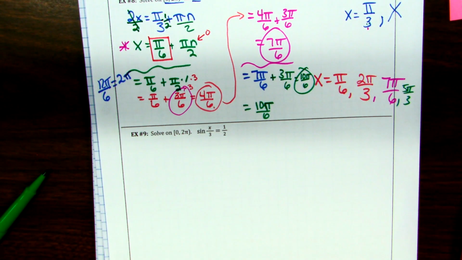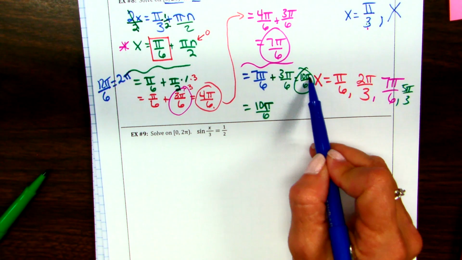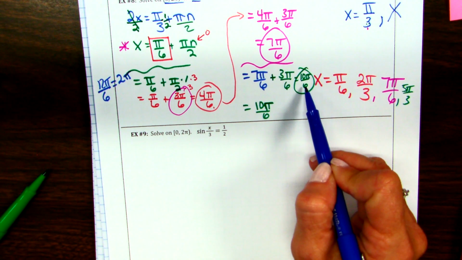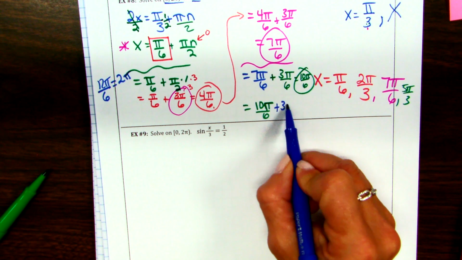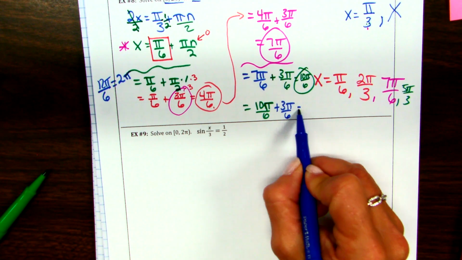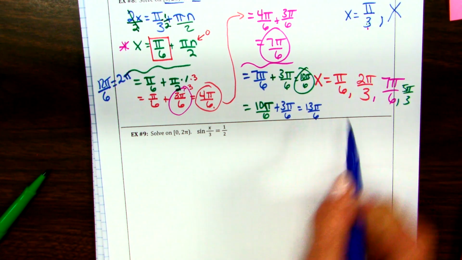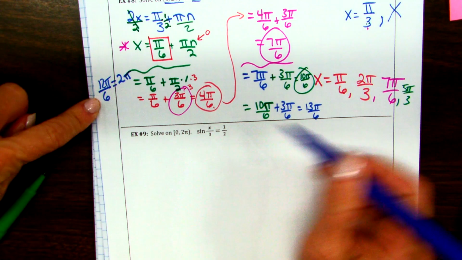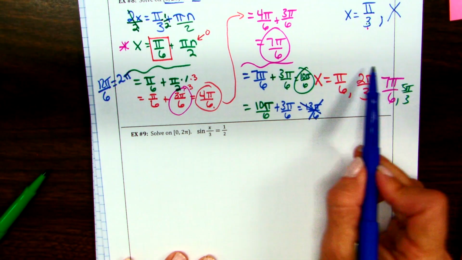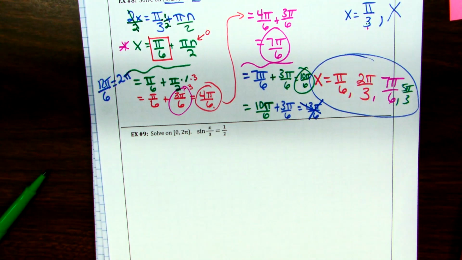So we can't go over 12 pi, which we haven't. At 10 pi over 6, we were still on the unit circle. But look, if I add 3 pi over 6 here, I get 13 pi over 6. 13 is more than 12. We fell off the unit circle. These would be our 4 answers.